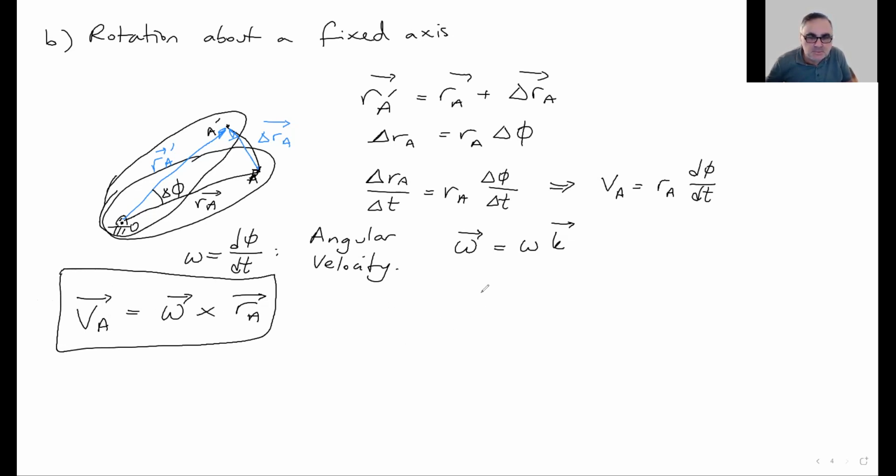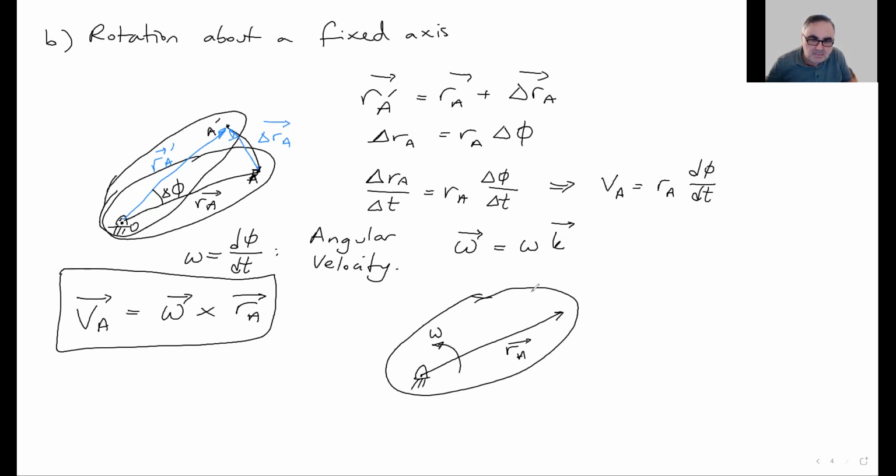Okay, so it tells you that if you have an object like this with a fixed point inside or outside it, let's say this is RA. If this is omega, the velocity will be perpendicular to RA and omega. So this will be the VA point. This will be perpendicular. This is a point A. Okay. So let's say that this is angle A right here. This is RA.